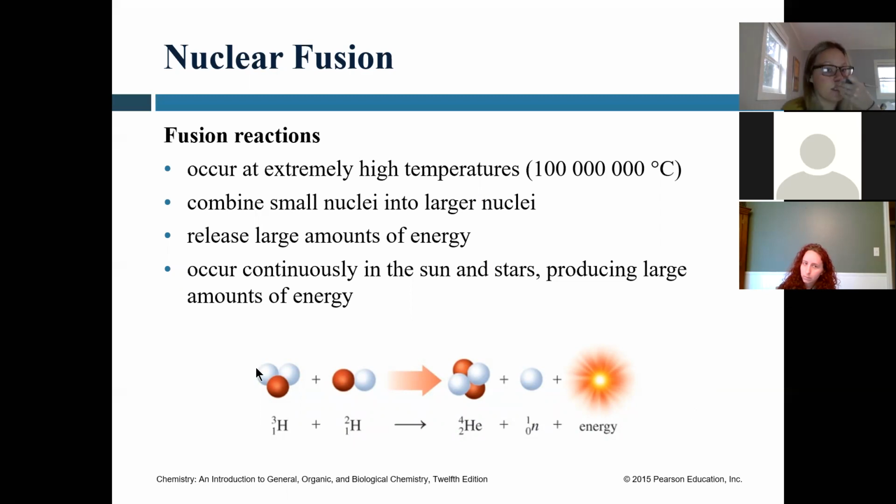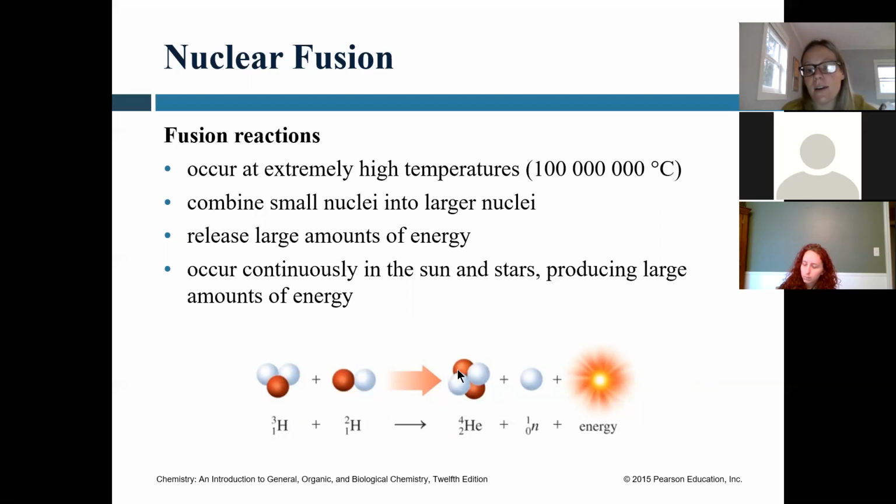Traditionally, in the fusion reaction, you can fuse all sorts of things, but this is what we see happening inside our sun or the stars: very light atoms, usually hydrogen, get smushed together to form helium.